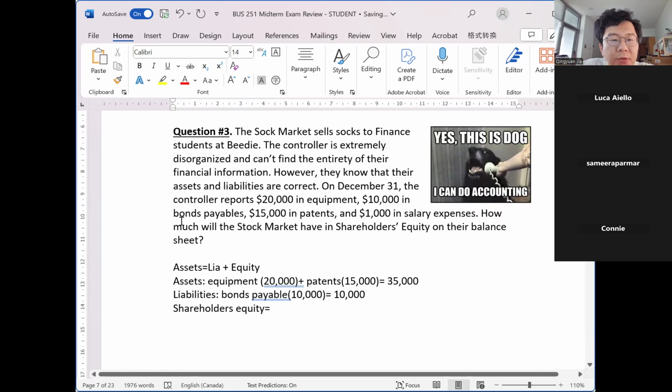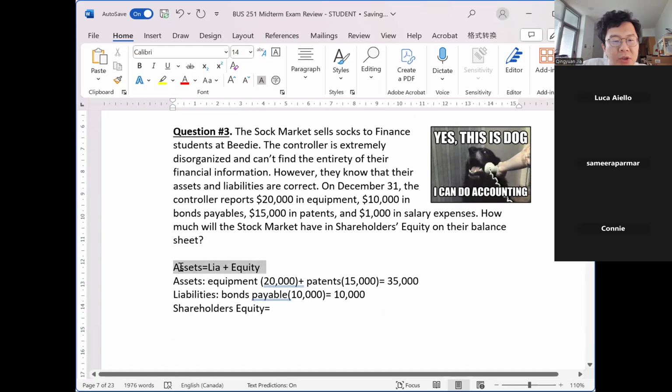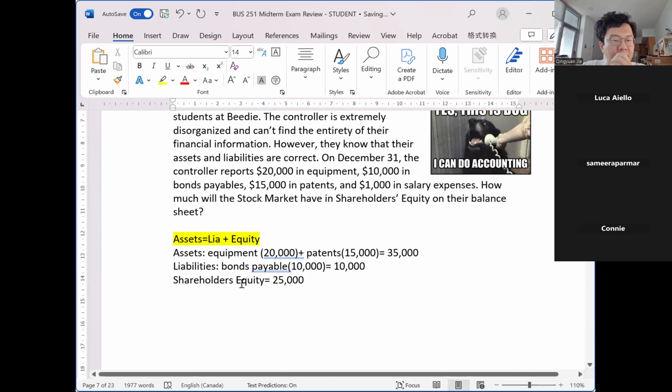So this question didn't give us any extra information about shareholders' equity, but we can just use this equation to calculate shareholders' equity. We just subtract 10,000 from the 35,000 because, you know, equity equals assets minus liabilities, right? So for shareholders' equity, we have 25,000.